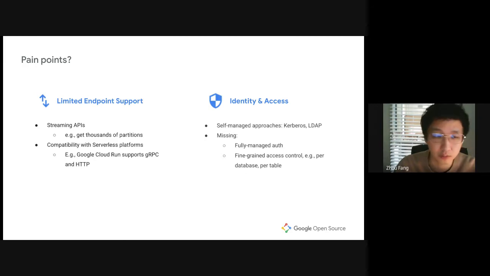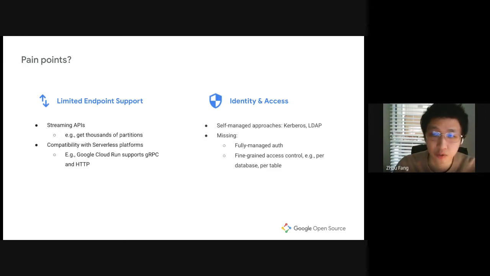Customers then need to set up those authorizations by themselves. They need to, for example, have a Kerberos key distribution center or an LDAP server, which is very complex and not secure. What is missing here is that the RPC tool does not have a fully managed authorization or authentication solution.